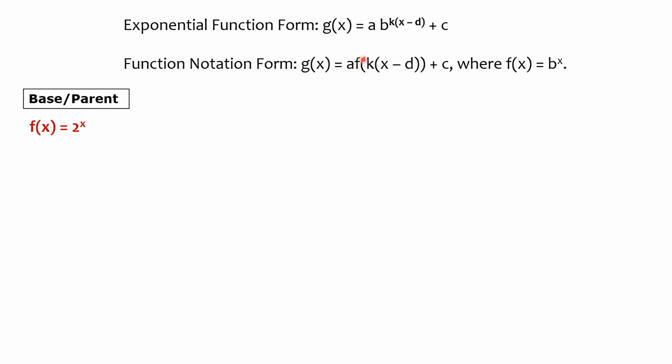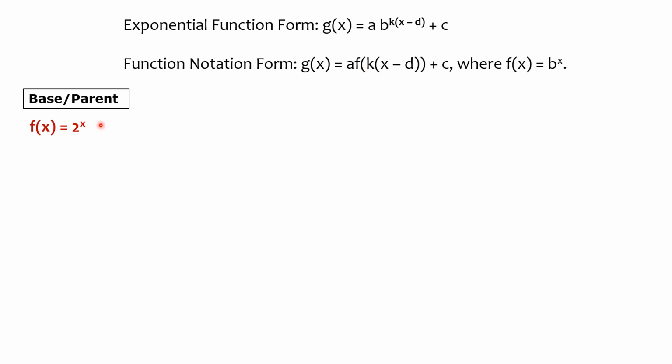That's the one that has the f in it, and when there's an f in it, it's telling you that you have to go and look somewhere for what f is. In this case, our parent function is b to the power of x, and then these are your parameters a, k, d, and c. So exponential function form looks a little better. It's a little easier to see where everything falls. Function notation form can be a little more complicated. You just have to convert it yourself into both of these forms.